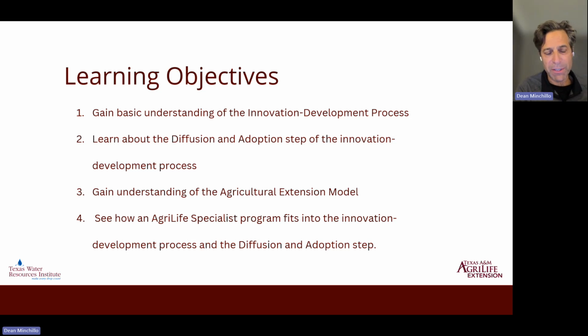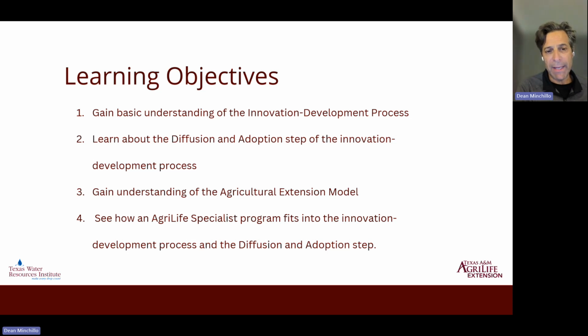I will run through all 6 steps, although we don't have time to dive into all of them, so it'll be a high level look at each of those process elements. And I hope you'll learn a little bit about step 5, the diffusion and adoption step of this process, and how that is a pretty important piece of the whole innovation development process.